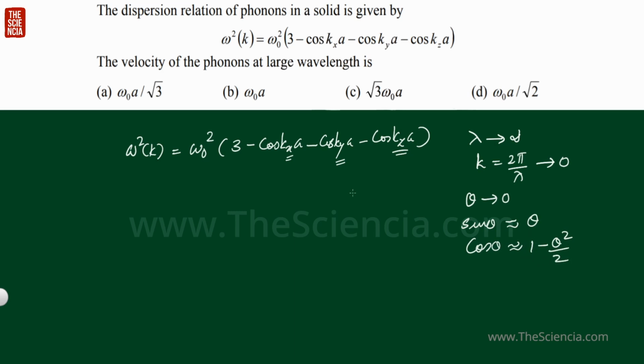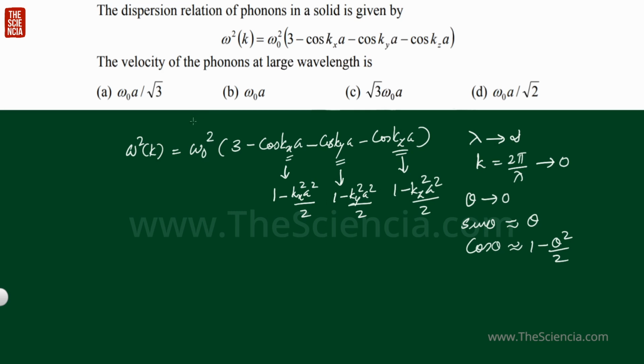So what happens? This cos value will tend to 1 minus theta square by 2. Here the theta is kx a, so it is kx square a square by 2. Here this cos value will tend to 1 minus ky square a square by 2, and this value tends to 1 minus kz square a square by 2.